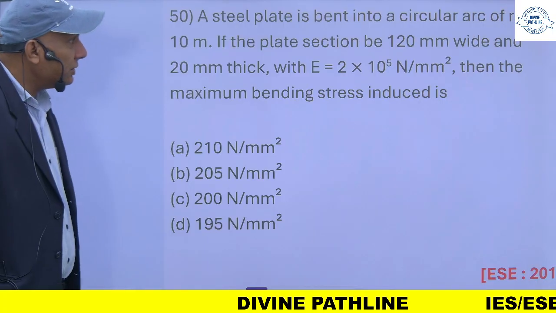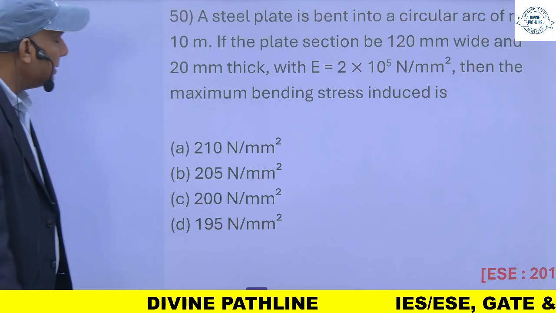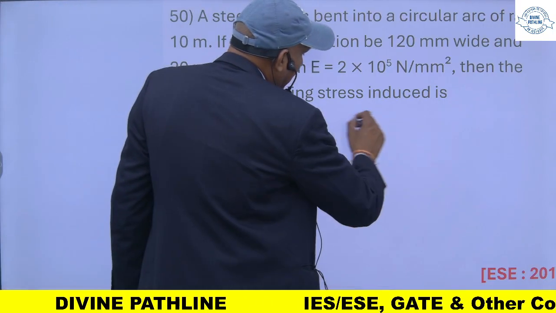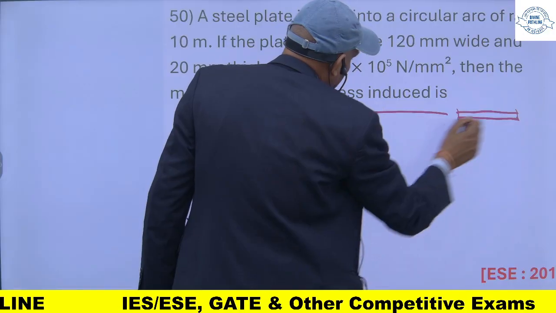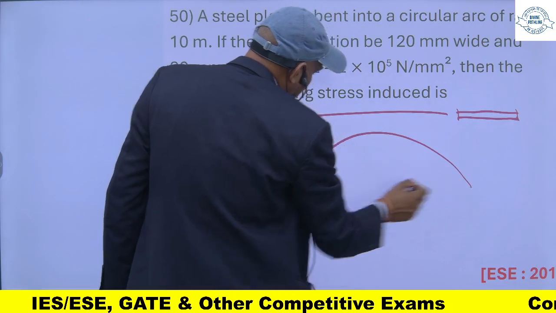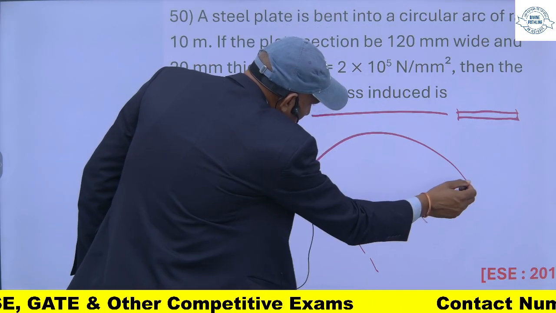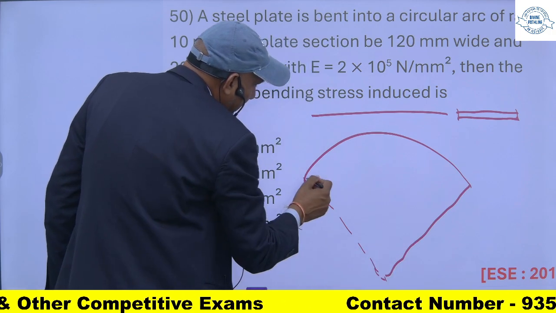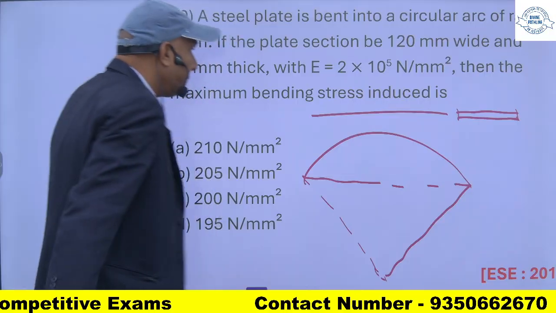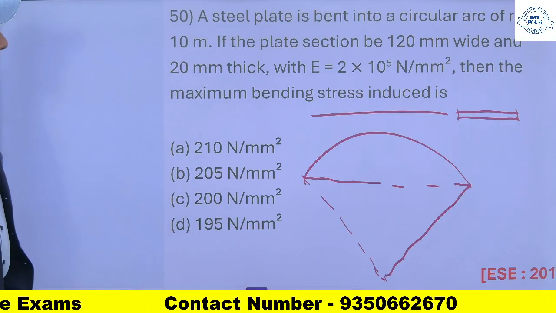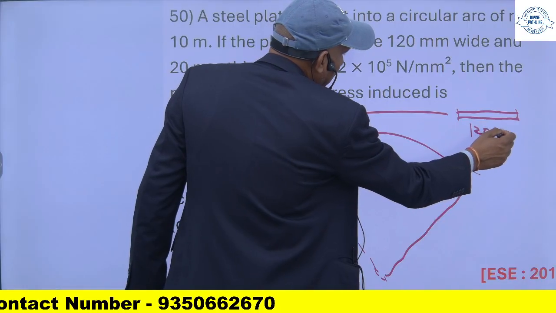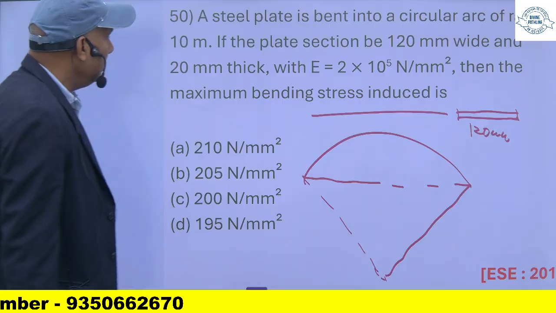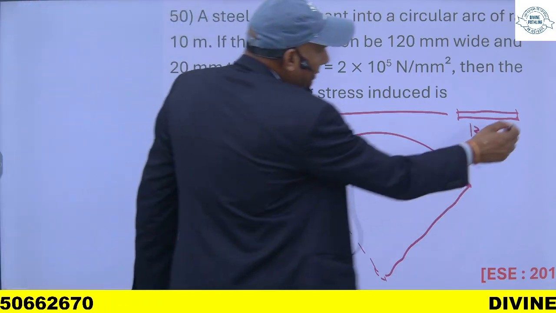A steel plate is bent into a circular arc. There is a steel plate that will be like this, and it is bent into a circular arc. The plate section is 120 mm wide and 20 mm thick.